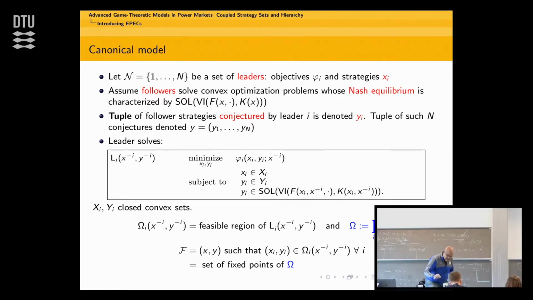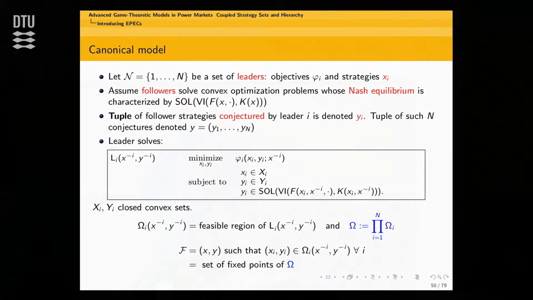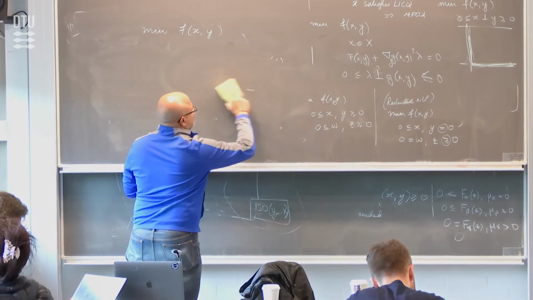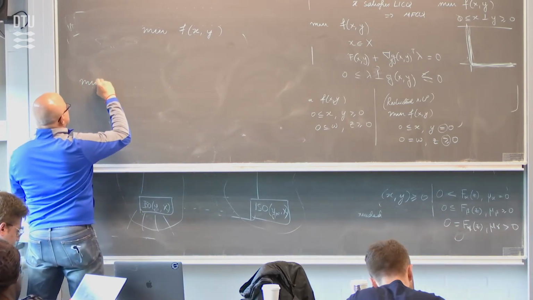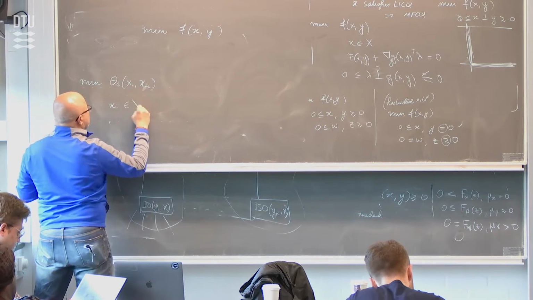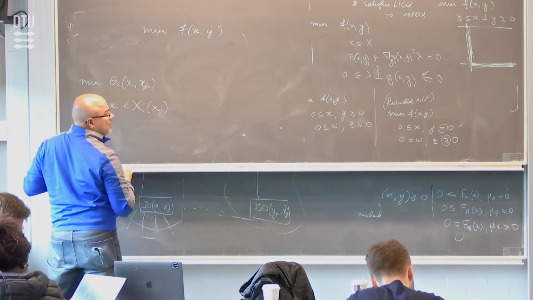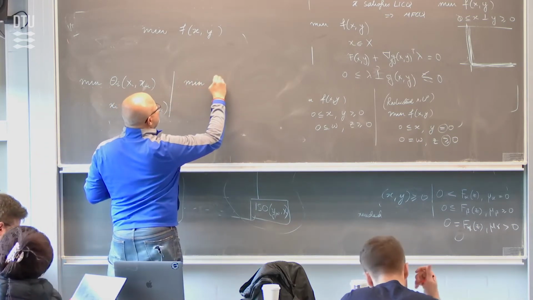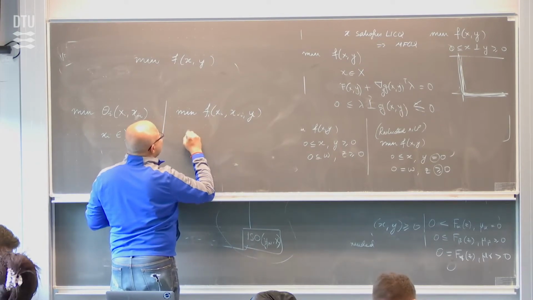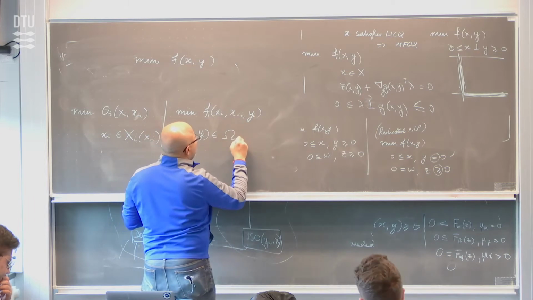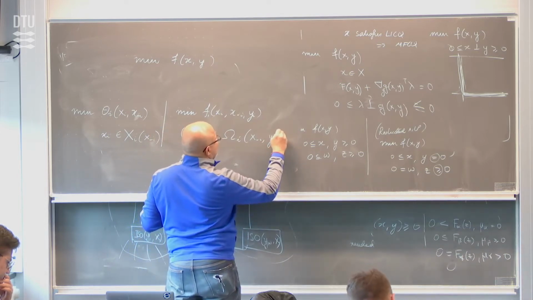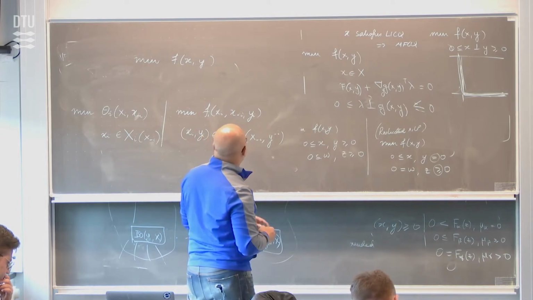In the generalized Nash game I had this structure: minimize theta i of xi, x minus I, with xi lying in Xi of x minus I. In the case of the multi-leader multi-follower game, I have minimize fi of xi, x minus I, yi, and then what I have is (xi, yi) lies in omega I of x minus I, y minus I. This is the feasible region. So this is the counterpart of this.